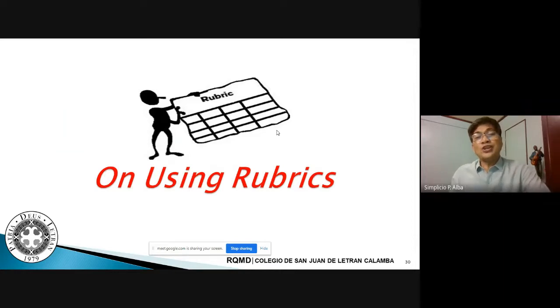Okay, on using rubrics. Well, truly, rubrics are extremely necessary in every assessment. As we know, rubrics help the teacher to easily explain to the students why they got the grade that they received.